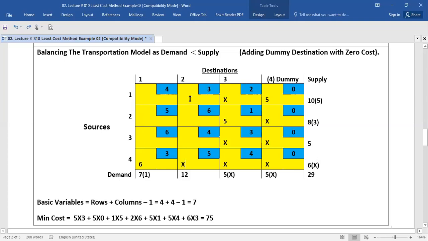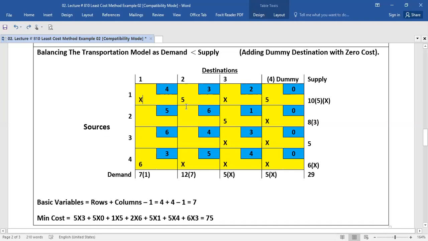Here 3 is the least cost in the remaining cells. So this is the cell where we will make our next allocation. Yes, here 5 will be allocated, as 5 is the supply and 12 is the demand. 5 is minimum, so you will put 5 in this and put cross in front of 5 and put 7 in front of 12, and put cross in the blank cell.